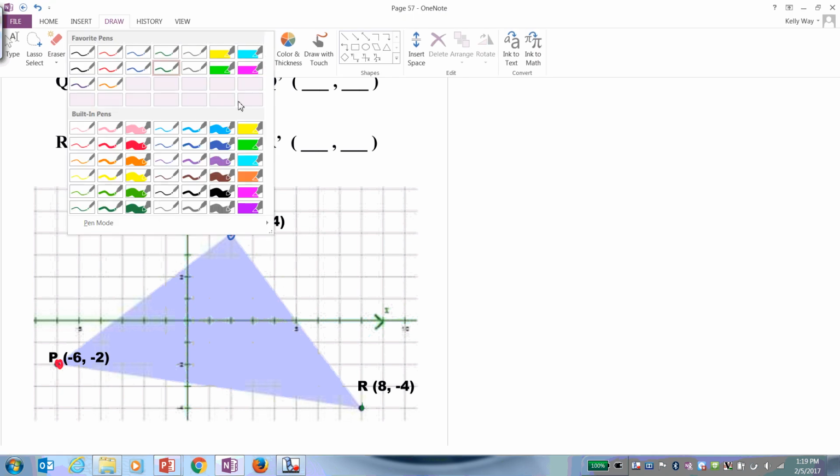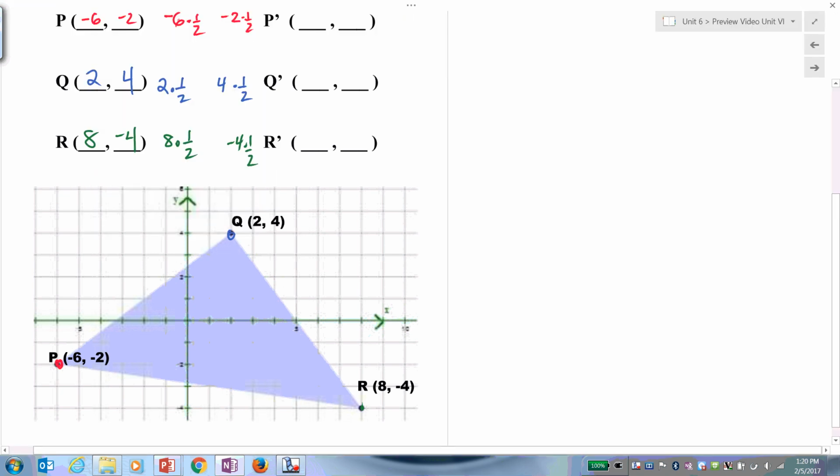Your new coordinates should have been half of -6 is -3, half of -2 is -1. So -3, -1. That's P prime.